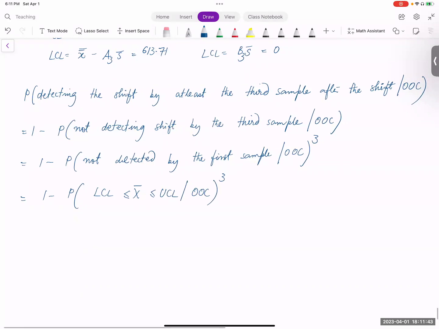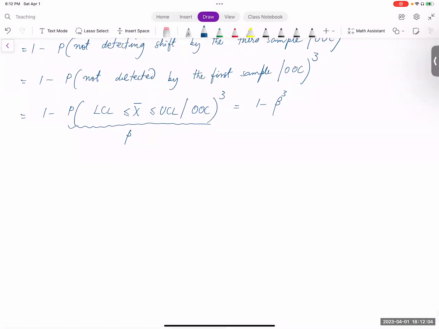Now here, there are two assumptions that we can make. This is definitely the beta type 2 error, right? So you can potentially write this as 1 minus beta cubed. And if you know Z alpha over 2, you can compute beta. If you don't know Z alpha over 2, you will just plug in UCL and LCL, and then compute the probability.